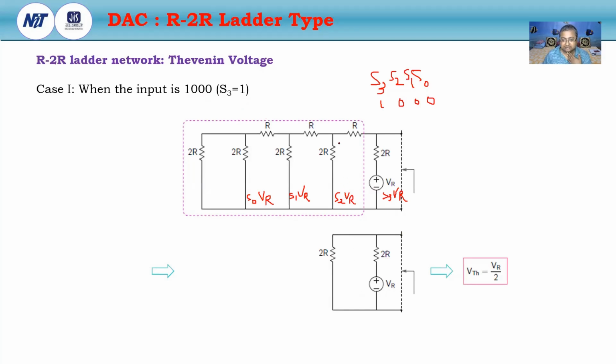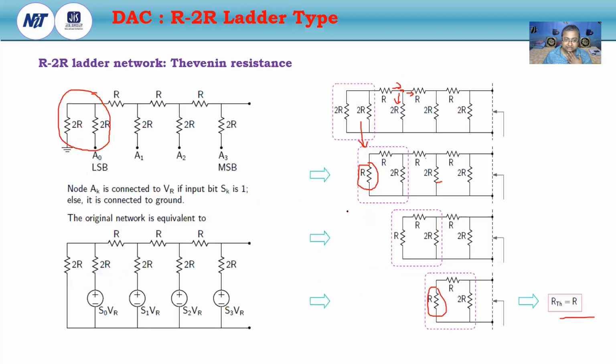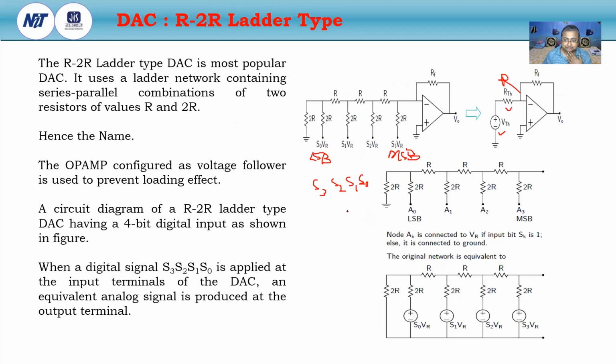Here this is the Thevenin resistance. The Thevenin resistance is R, so R and R make 2R. This is the 2R connected with the VR. Please go through the first slide.